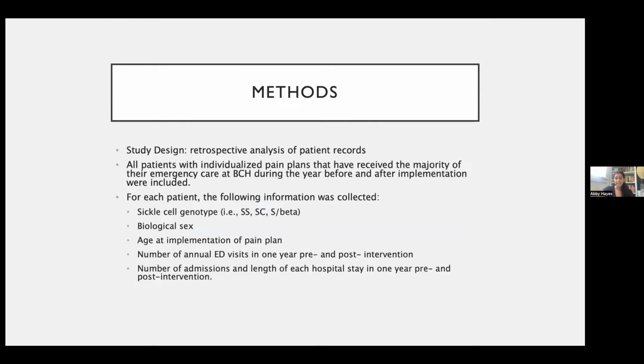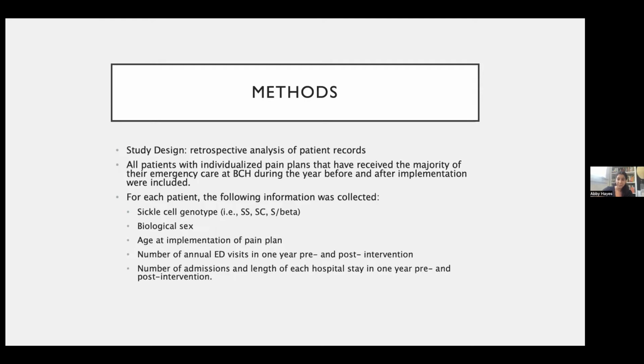And now, this study was a retrospective analysis of patient records spanning the year before and after the implementation of their ED pain plan. And we included all patients with individualized pain plans that received all of their emergency care at BCH during the aforementioned time period.